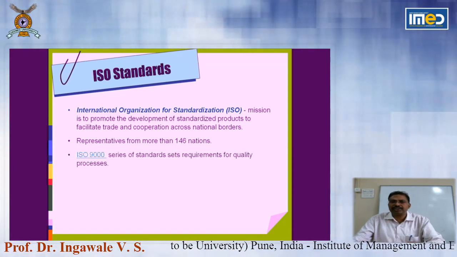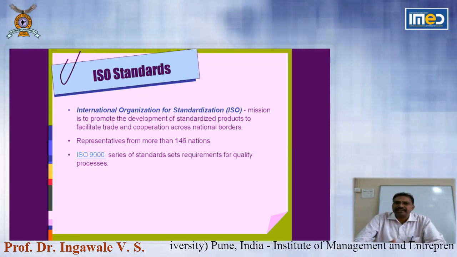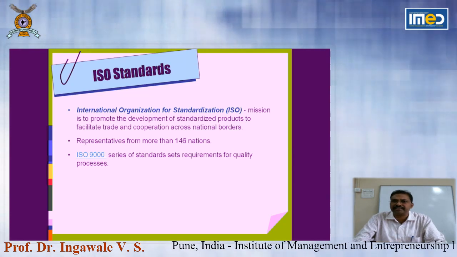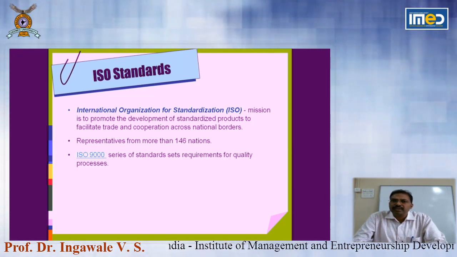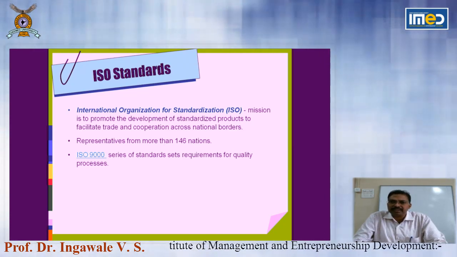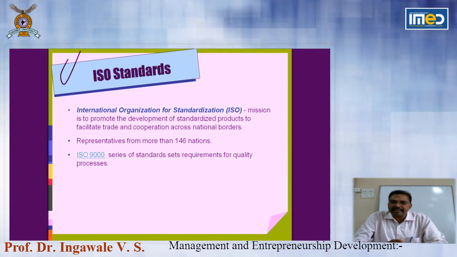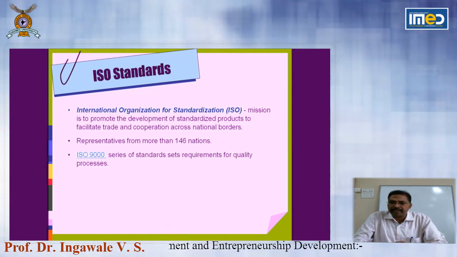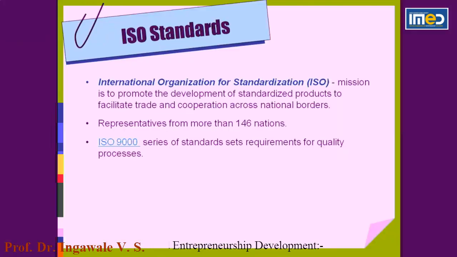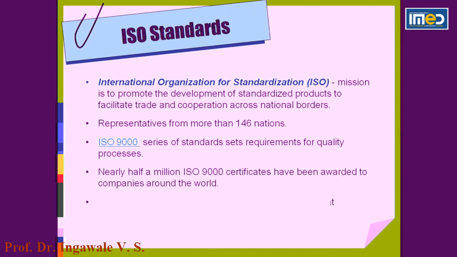Then ISO standards. ISO stands for International Organization for Standardization. Its mission is to promote the development of standardized products to facilitate trade and cooperation across national borders. It has representatives from more than 146 nations, and the ISO 9000 series of standards sets requirements for quality processes.